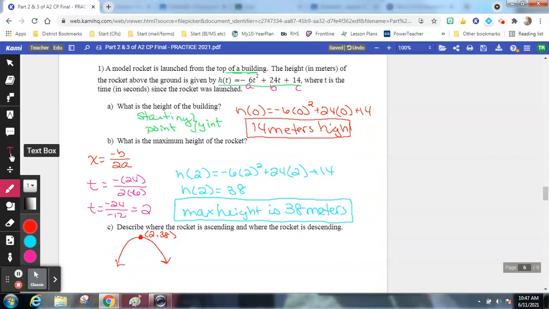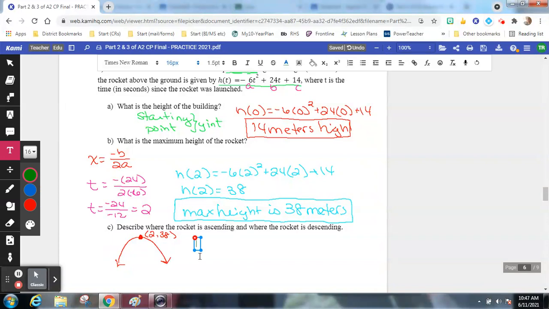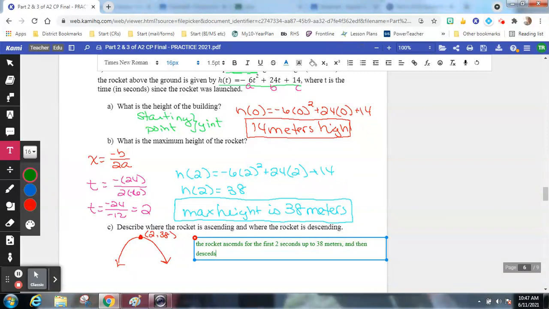So again, it's up to you how you want to describe it, but it ascends. The rocket ascends for the first 2 seconds up to 38 meters, and then descends after that.